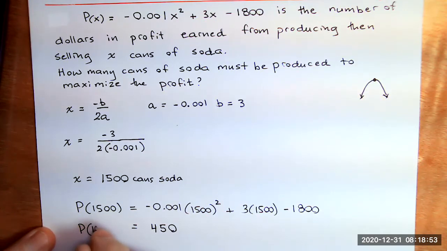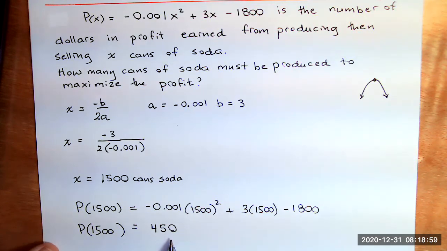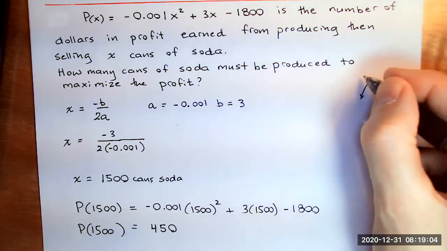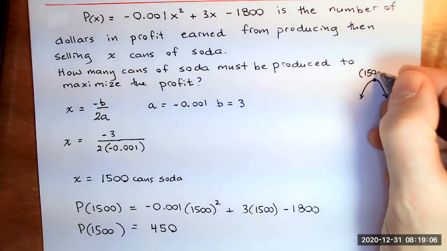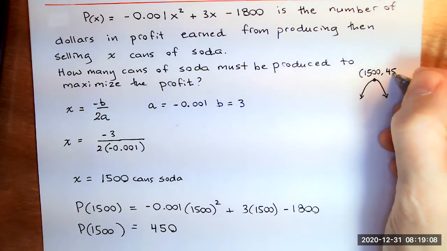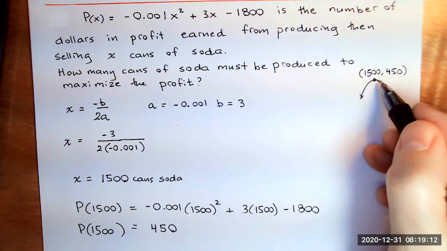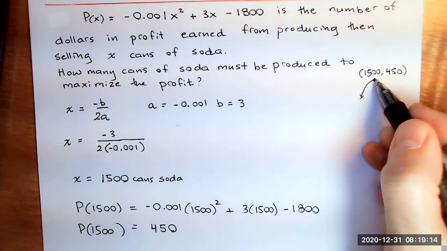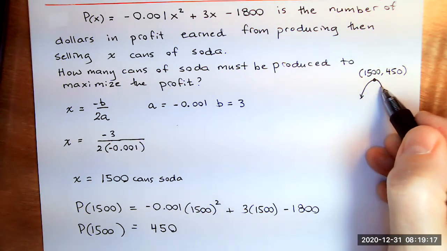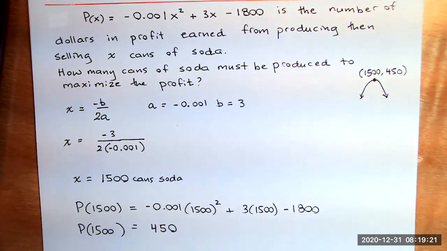So if we sell 1,500 cans of soda, we'll make $450 in profit. And that's the maximum possible profit. So on your graph, that'll be the vertex. It seems counterintuitive, but if you sell more soda, you'll actually make less money. All right, let's try another.